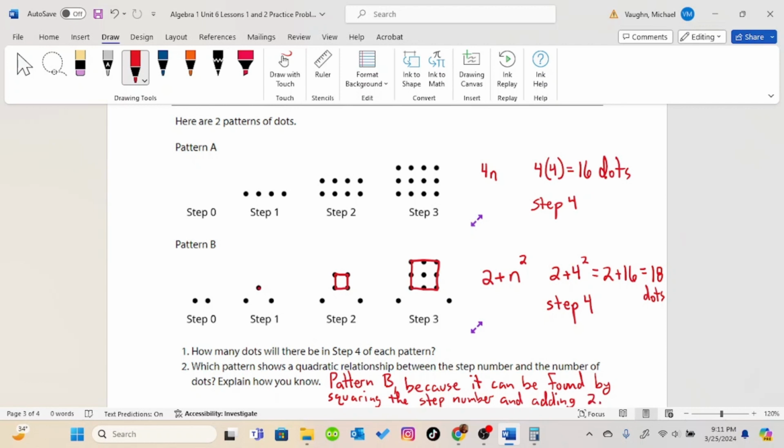Pattern A is actually linear because we are adding 4 every time.